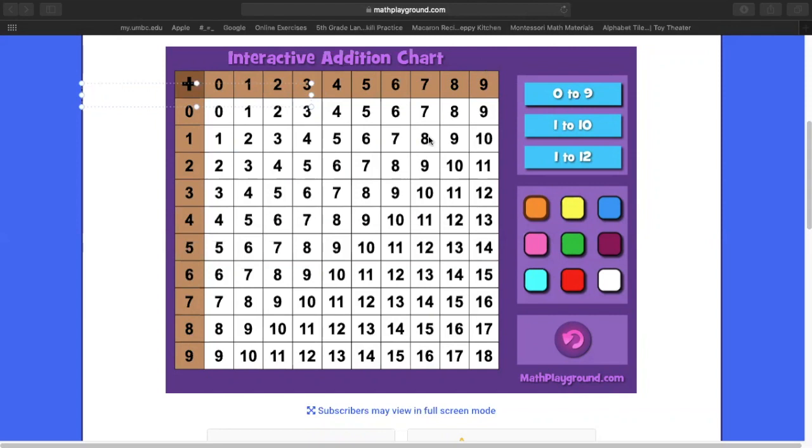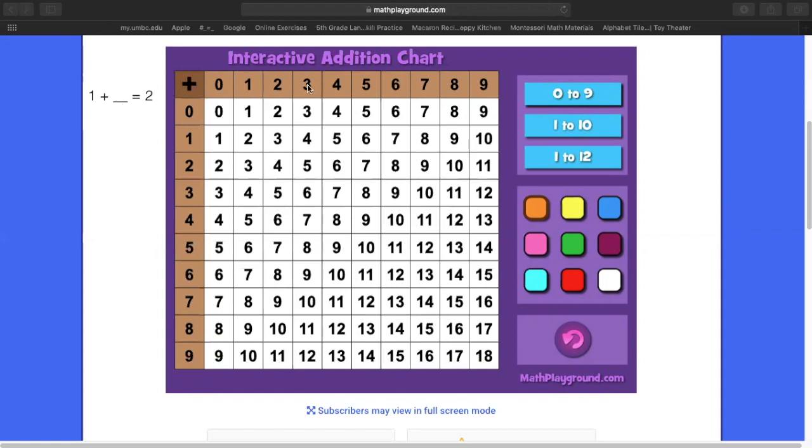Probably would look better if it was black, because the blue is the same color. 1 plus something equals 2. That spot right here means that we have to fill it in with a number. I wonder how we can figure that out.